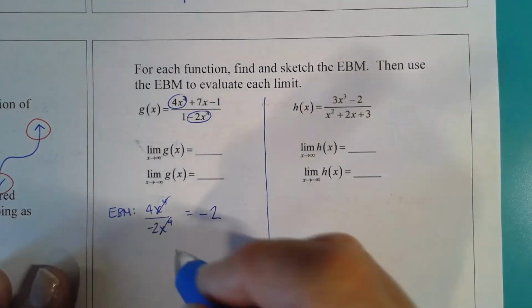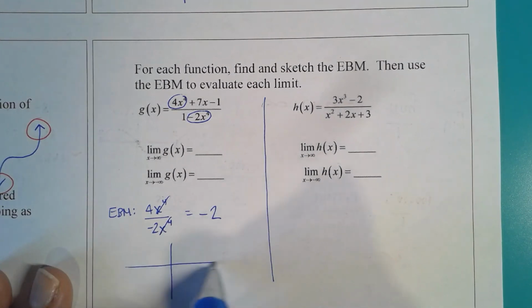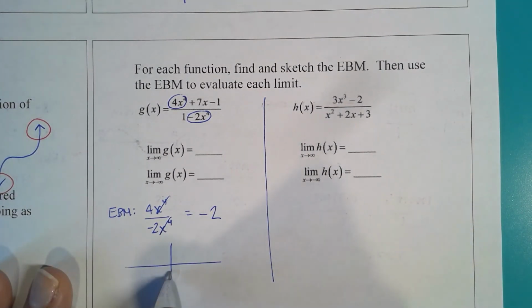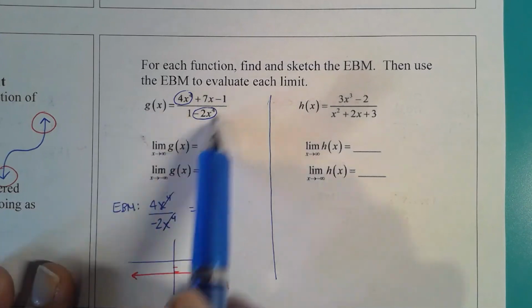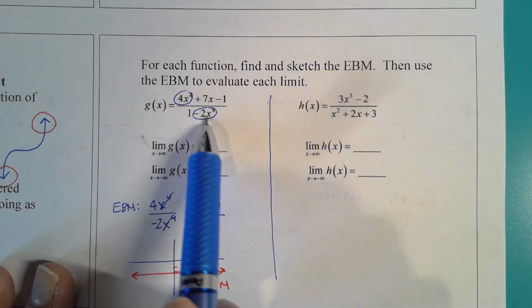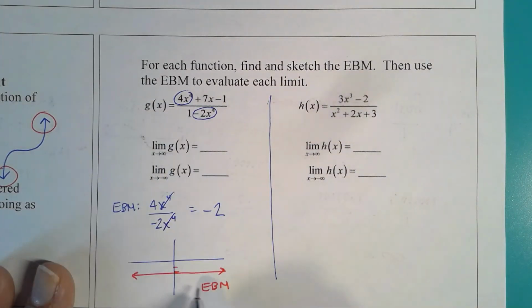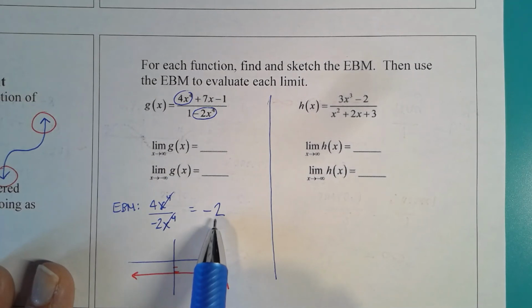Oh, we know what that graph looks like. It's a horizontal line, isn't it? This is my end behavior model. This is what this graph is doing in the ends. They both look like the line y equals negative 2.